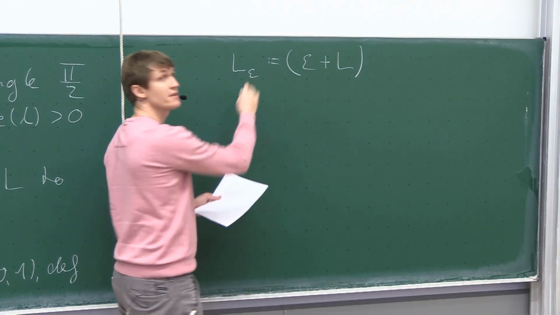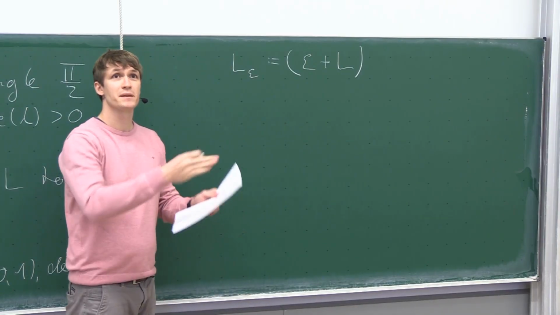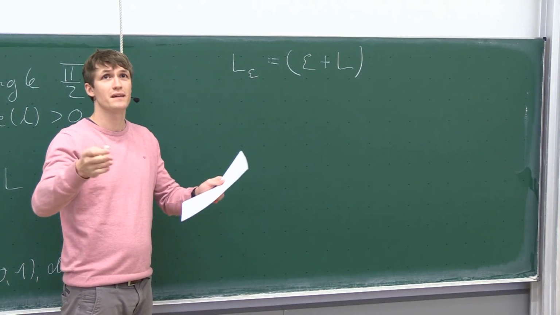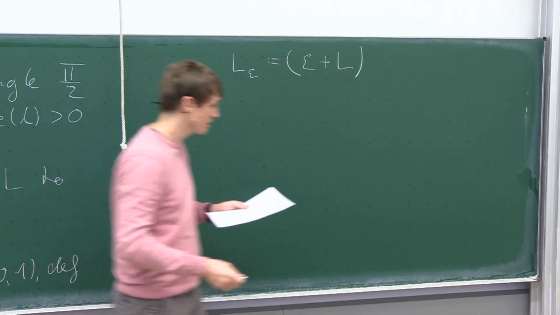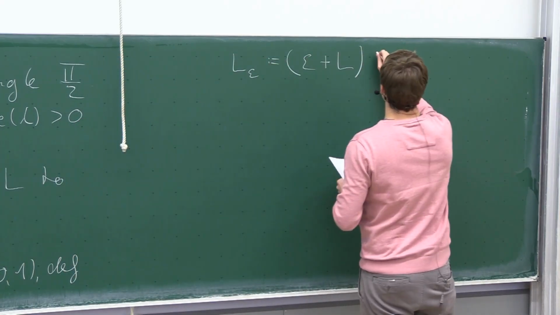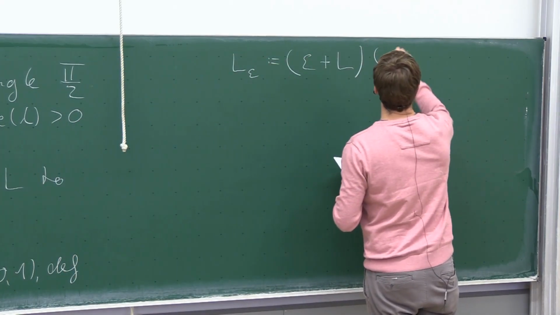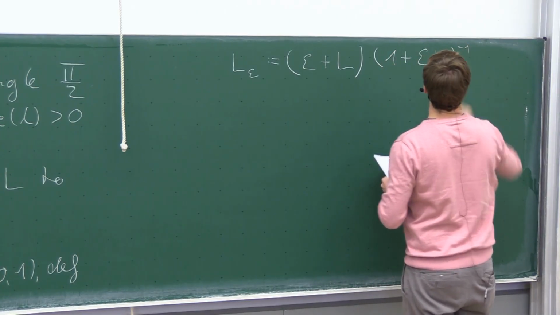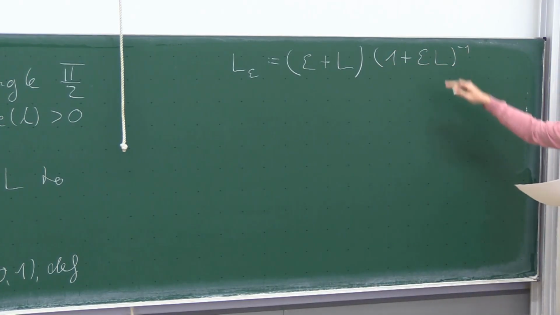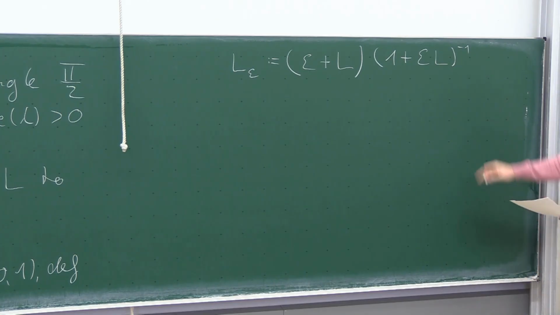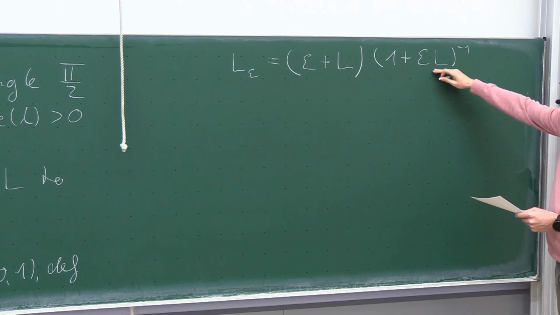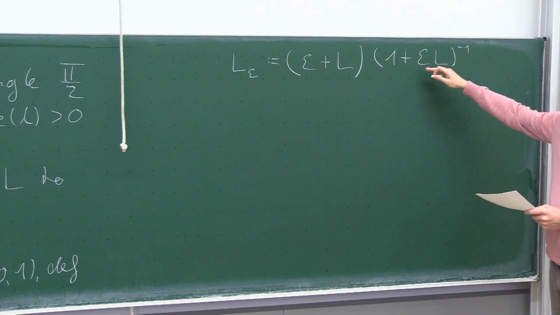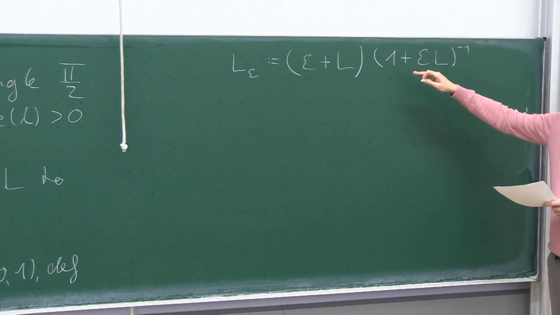But then this L epsilon is not going to be a bounded operator because we just shifted our general m-accretive operator, which could also be unbounded. But for epsilon small, the operator (1 plus epsilon L) inverse is something like an approximation of the identity, and this is somehow a regularization, let's say, of the operator L.